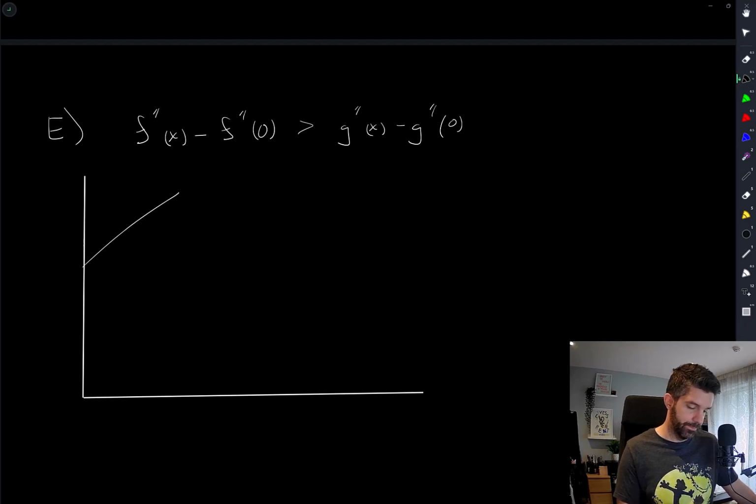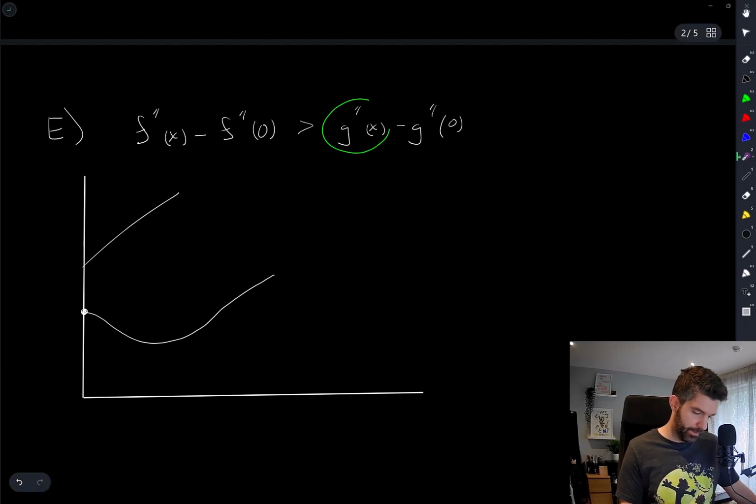Well, hold on, no, I can go like this. So there's g. Positive concavity here, but negative or zero concavity there.